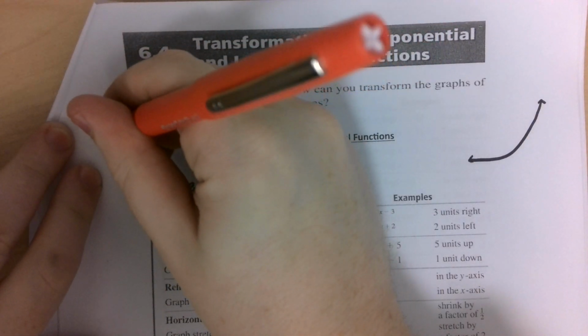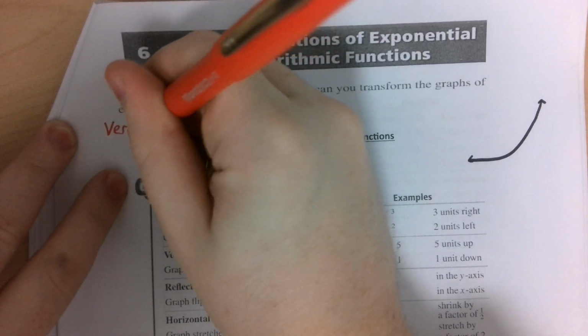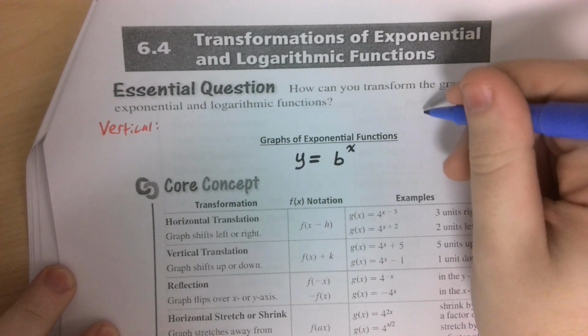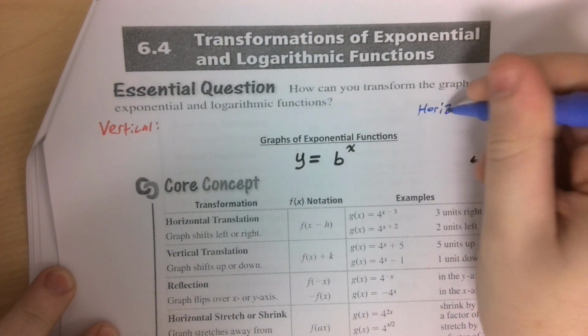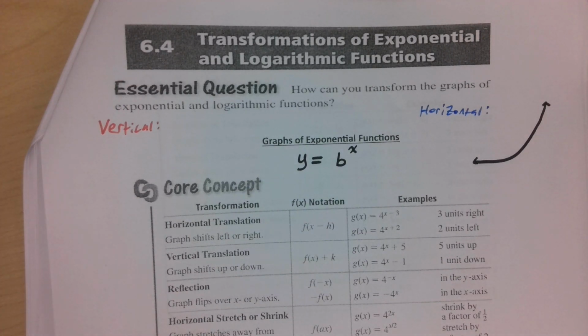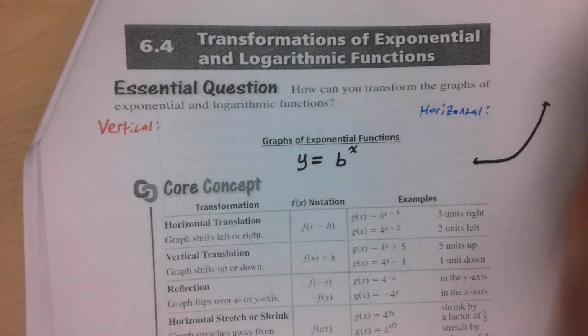Before we do, I want to remind you all that there are two types of transformations that we can do: vertical transformations and horizontal. When we think of a vertical transformation, we think of anything that changes the graph's height, or how high up or low down it is, or even just whether it's right side up or upside down.